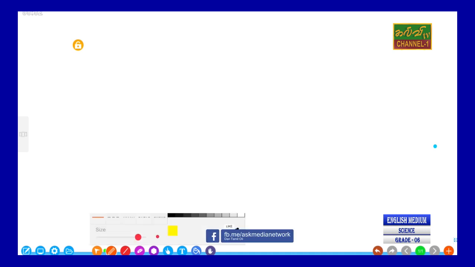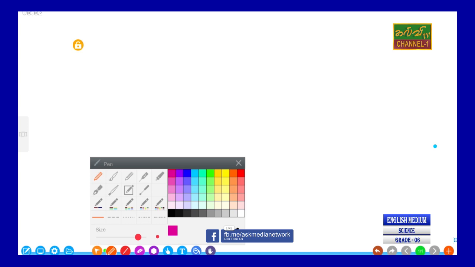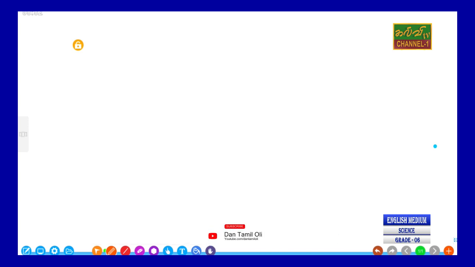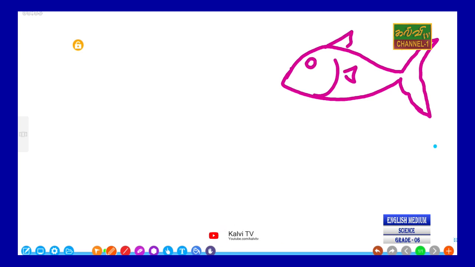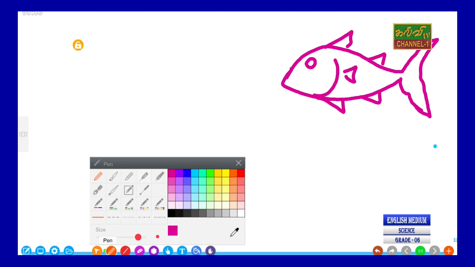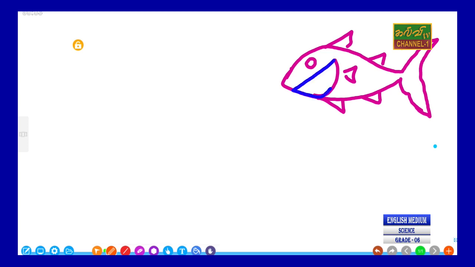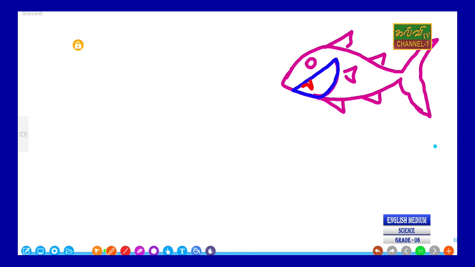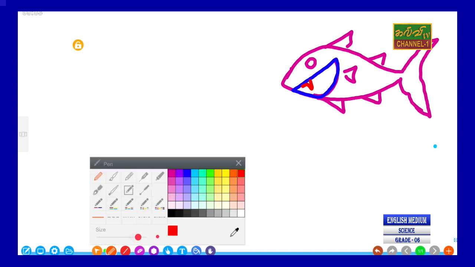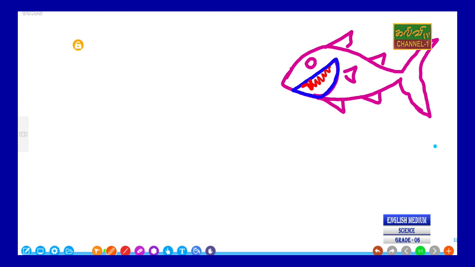Living organisms show different kinds of respiratory organs. For example, if you see a fish, when you open the lid, the blue colored part, inside you can find some red colored organs. This is called gills, G-I-L-L.